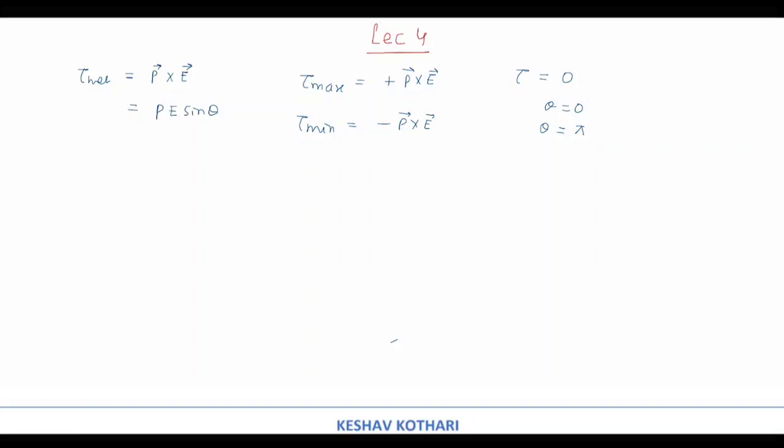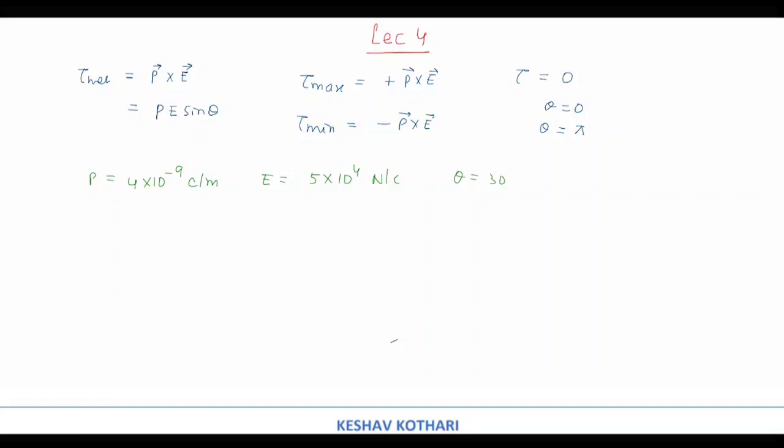So now in this particular problem, the question is telling us that the value of the dipole moment P is equal to 4 into 10 to the power minus 9 coulomb meter, and the external electric field is equal to 5 into 10 to the power 4 Newton per coulomb, and it is making an angle of 30 degree.